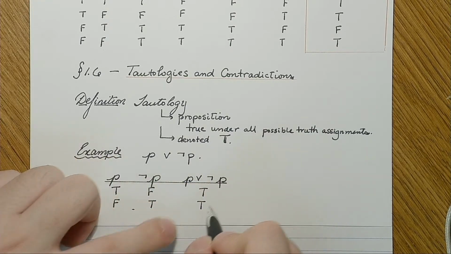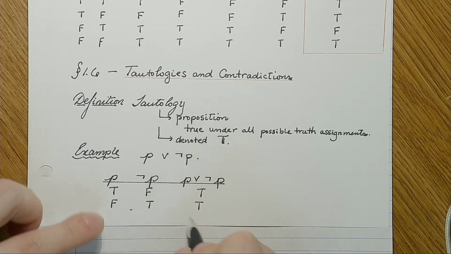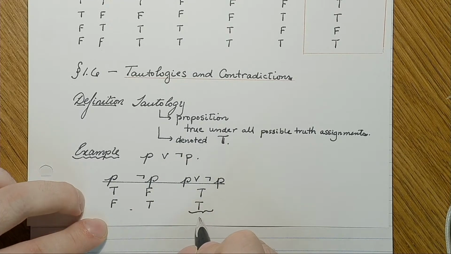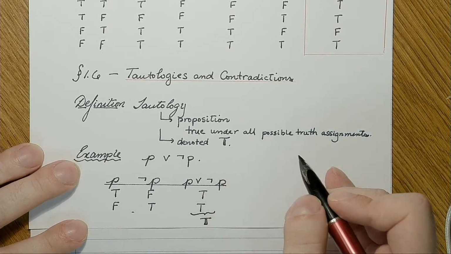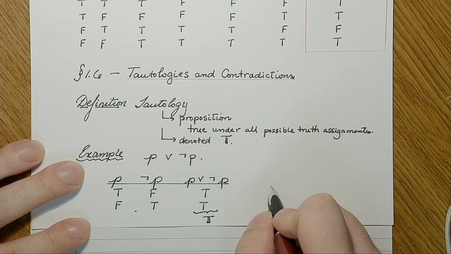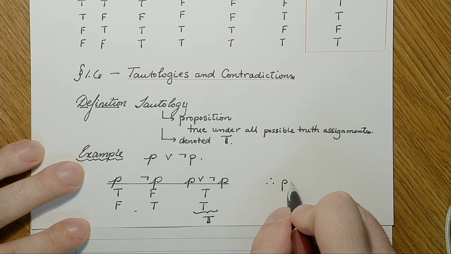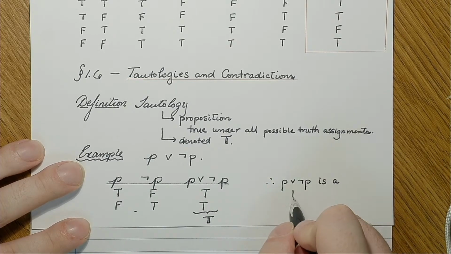P or not P is true under all possible truth assignments. So right here, that's what we call a tautology, because it's true. So therefore, P or not P is a tautology.